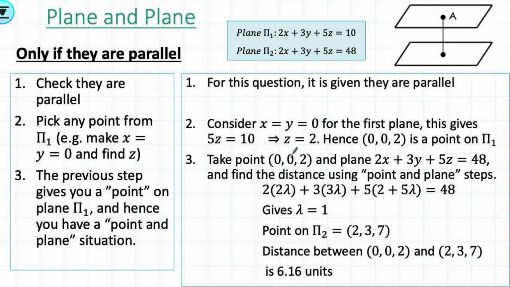So I've written this in parametric form using the direction vector here and then substituting in, giving me lambda as 1. And then when I substitute back into the equation, I get 2, 3, and 7. So now I just find the distance between 0, 0, 2, and 2, 3, and 7.